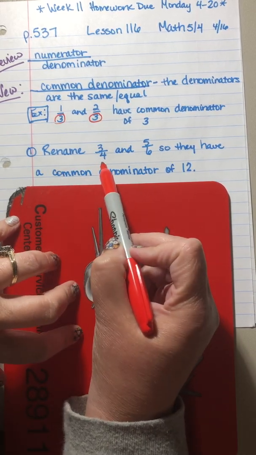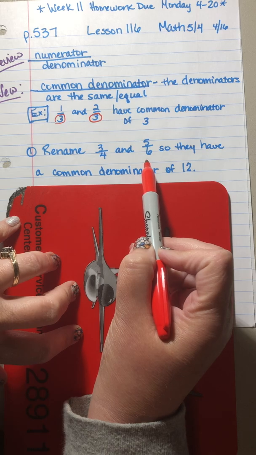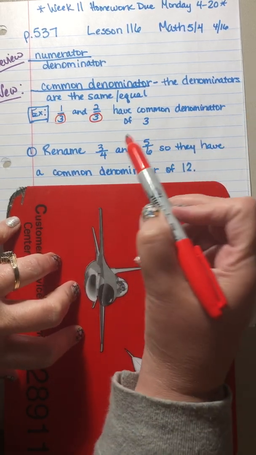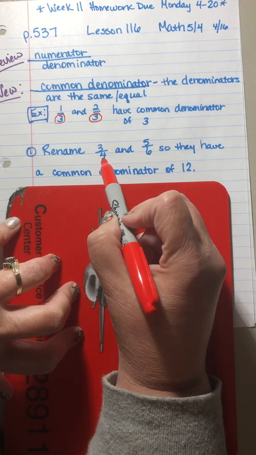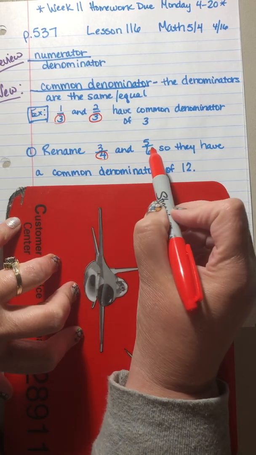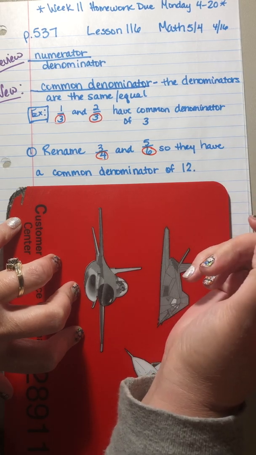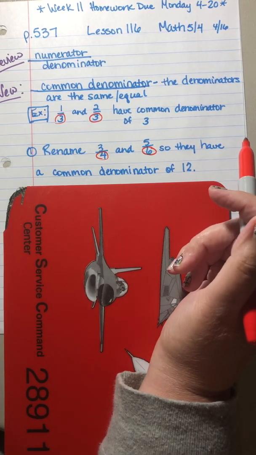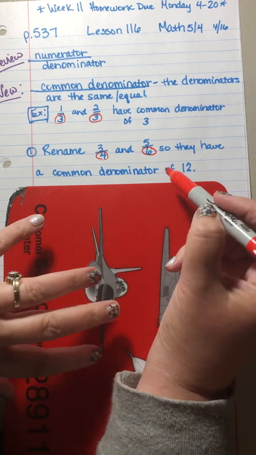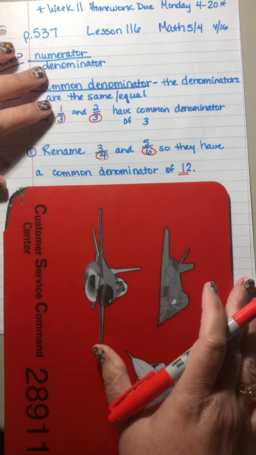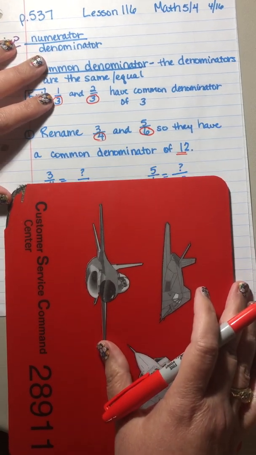Rename 3/4 and 5/6 so they have a common denominator of 12. First, let's look. Their current denominators are 4 and 6, so they do not have a common denominator. We're going to take those two fractions and give them a common denominator of 12. Let's look how we do that.